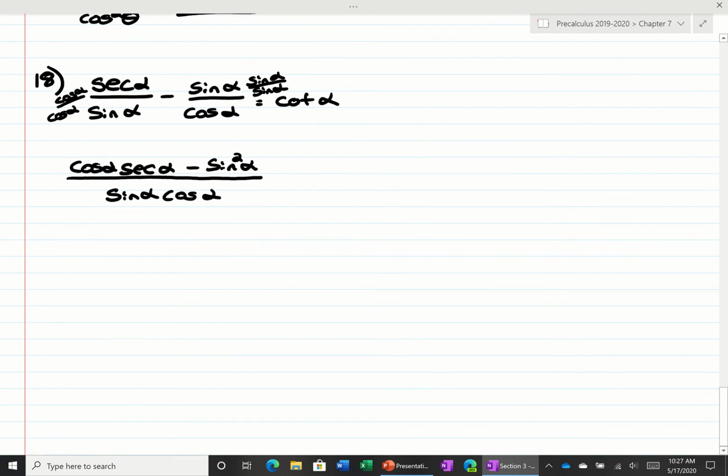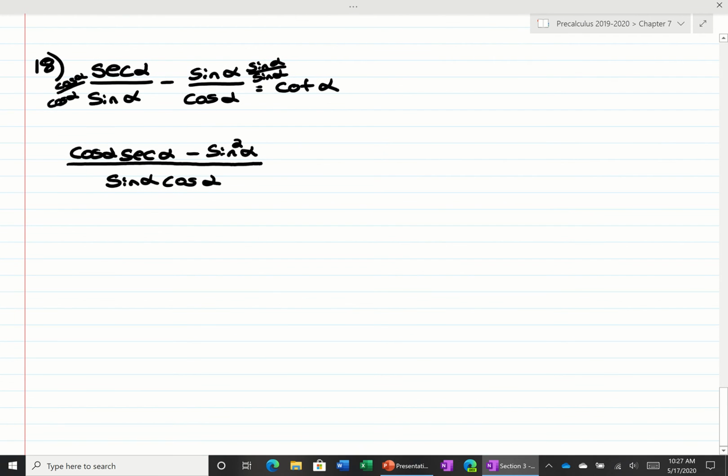So now we have a common denominator. Let's go ahead and convert everything to sines and cosines. This would be cosine of alpha times 1 over the cosine.